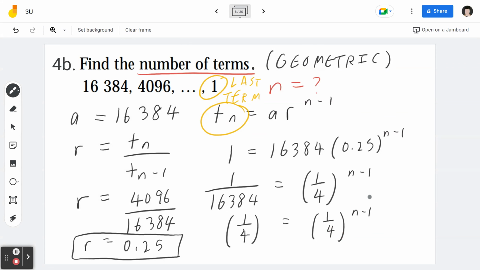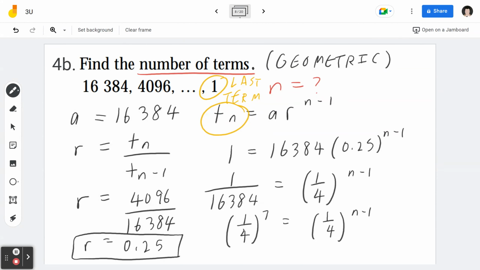You go back and you say, well, how can I get 16,384 using a power of 4? So you need to grab a calculator, try 4 to the power of some number. And that number should give you 16,384. So one example could be, if I took 4 to the power of 7, that should give you 16,384.